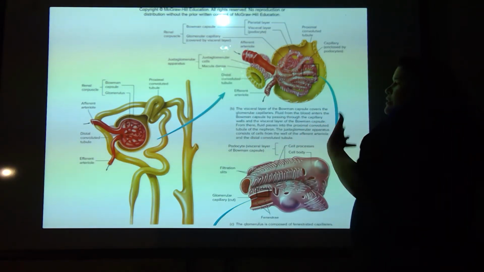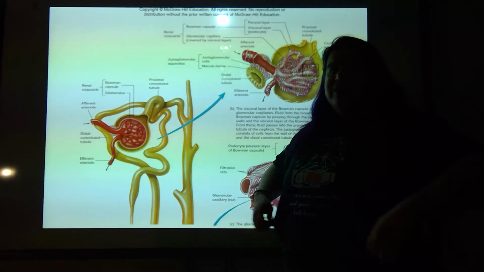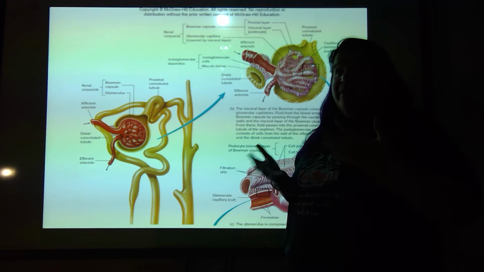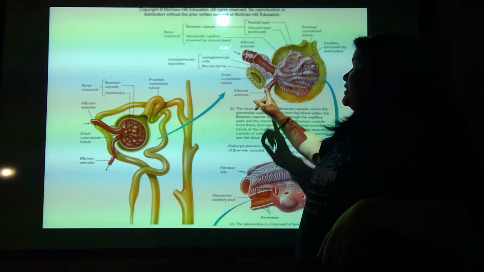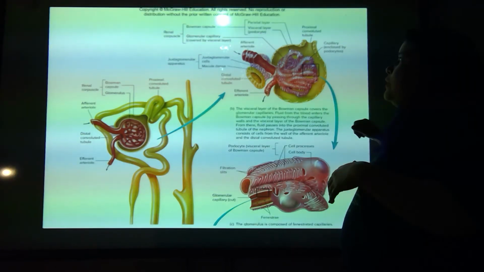When we talked in lecture about the hormones that the kidneys make, we talked about renin and how it affects water balance. These are the cells that actually are responsible for secreting that.